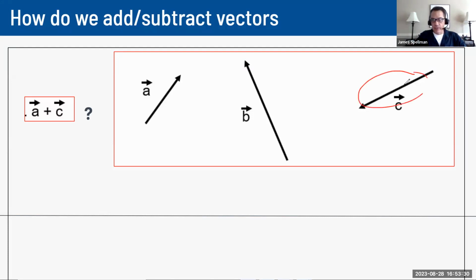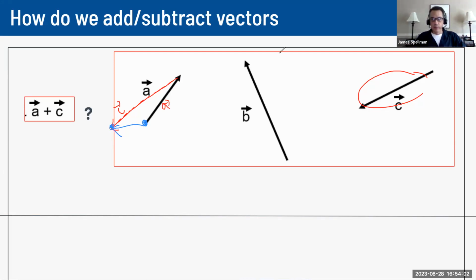If I'm adding C to it, I need to draw an arrow that looks just like this. It's going to start where this one ends, and it's going to be drawn just like C is. So basically, this is A, and this is C being put together. And then by definition, our resultant vector would start here and end over here to show my overall displacement and by how much.